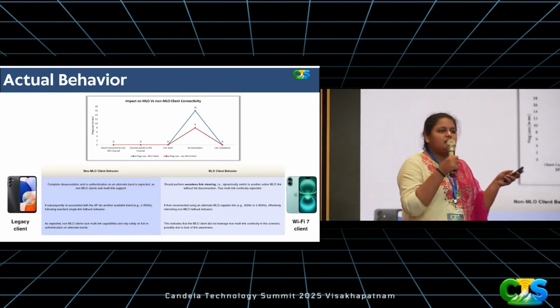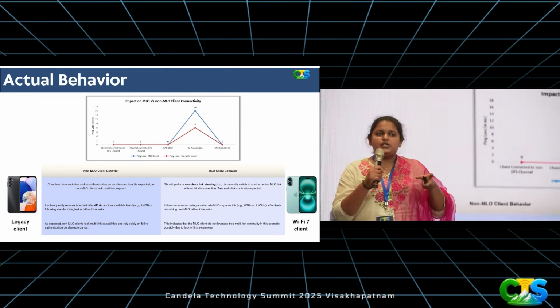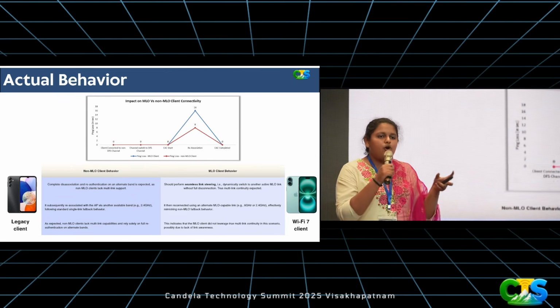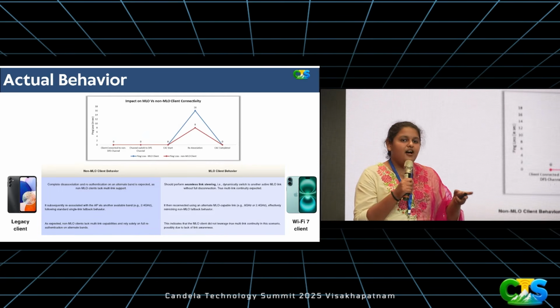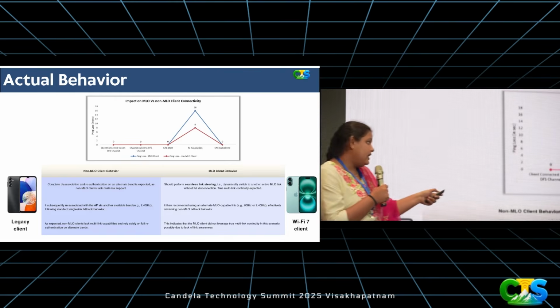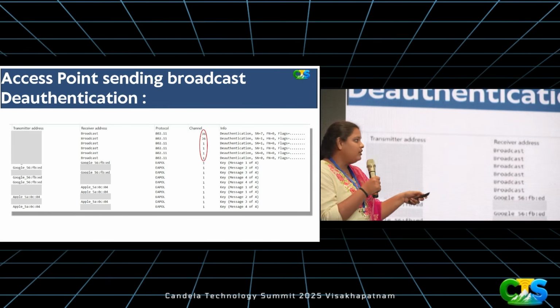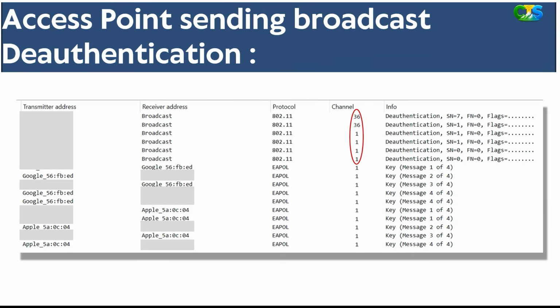Whenever a DFS CAC is running on the 5 gigahertz link, before the onset of the CAC, the AP will send a broadcast deauth to all the 5 gigahertz associated clients, right? However, what we observed in our situation is, the AP was sending a broadcast deauth on all its available bands: the 2.4 gigahertz band, 5 gigahertz band, and 6 gigahertz band.